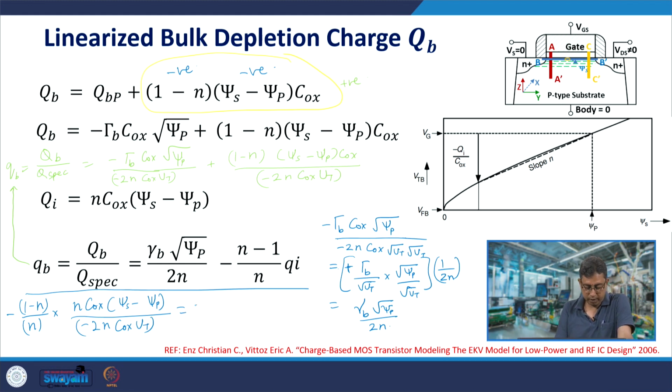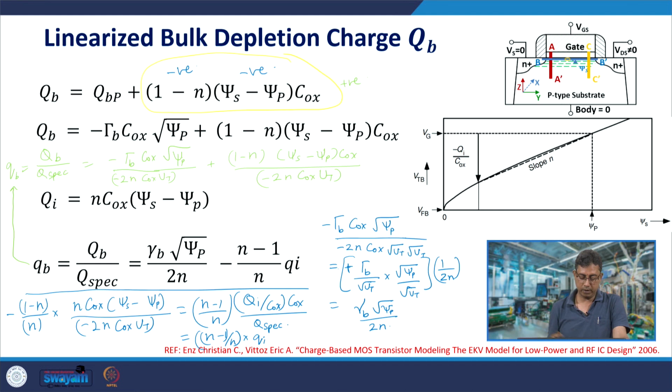So, this is n minus 1 by n into normalized qi.